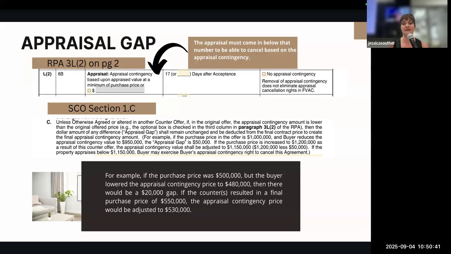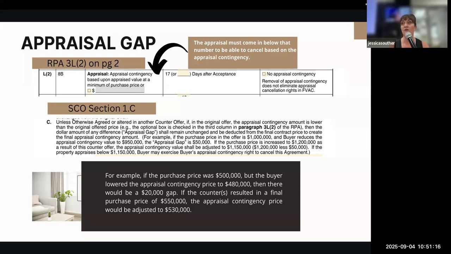Okay. Any other clarity needed on this appraisal gap section? Could you give an example of if the seller counters at 410, we're at 405 with 400 here? Yes. Okay, so Barb's example is our purchase price that we wrote on the very top of the purchase agreement is $405,000. On L2, we checked that box and we wrote in $400,000, which gives us a $5,000 appraisal gap.